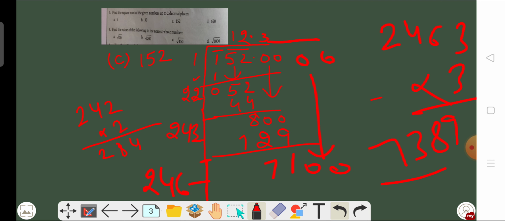This is greater. So what do we have to put here? We have to put 2. So here is 2, which implies the quotient must be 2 this time. So this is equal to 4 2 9 4.